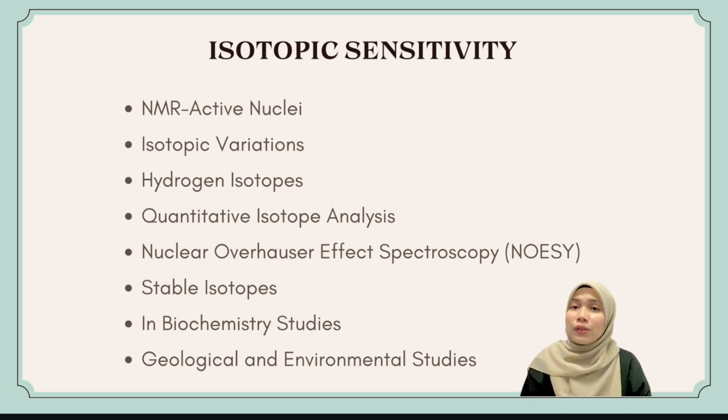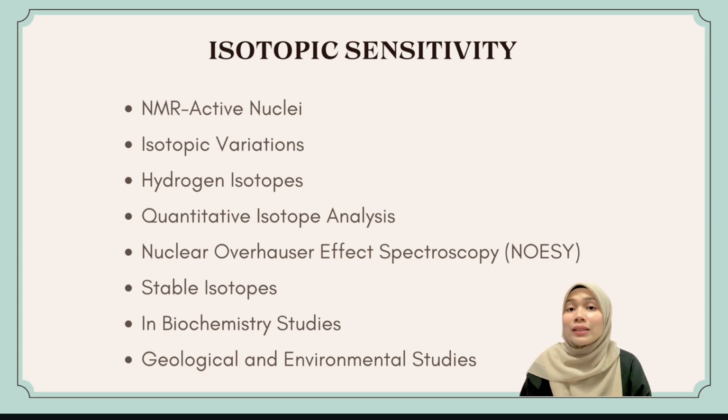Sensitivity to isotopic variations arises from differences in the number of neutrons influencing the nucleus's magnetic properties. Notably, hydrogen isotopes such as protium, deuterium, and tritium exhibit unique NMR signals due to varied magnetic moments.